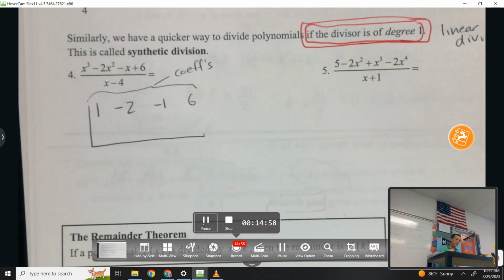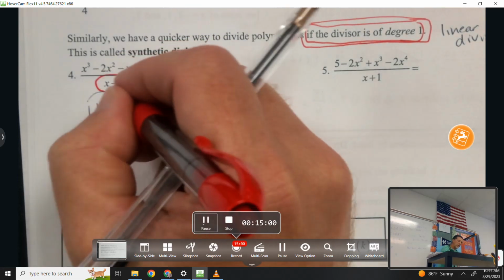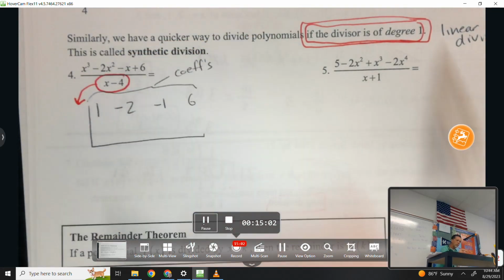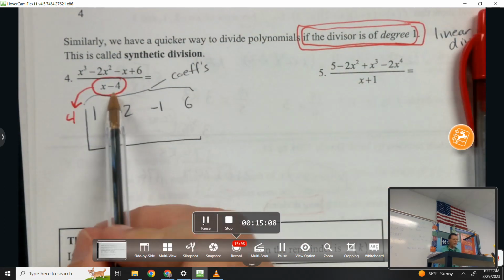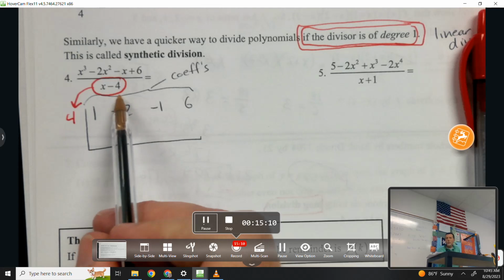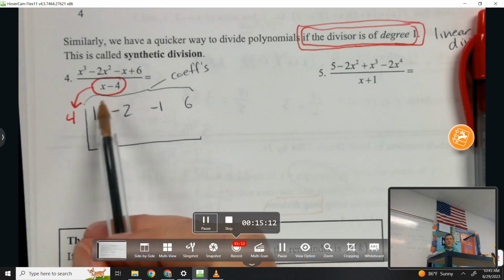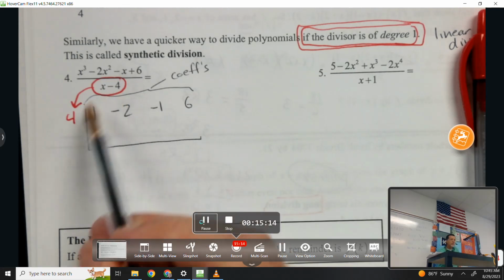Do you remember what number we put out front if we're dividing by x minus 4? 4. Because if x minus 4 is a factor, then x equals 4 is the solution that goes with it. So 4 is what goes out front.